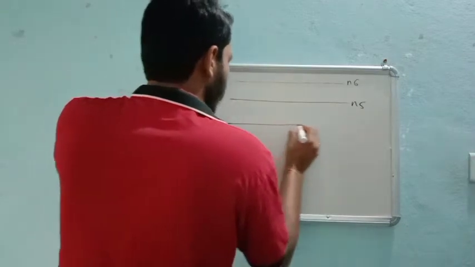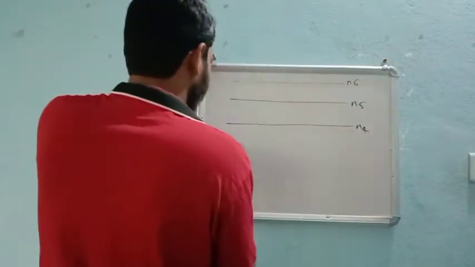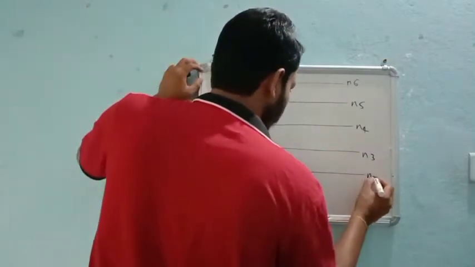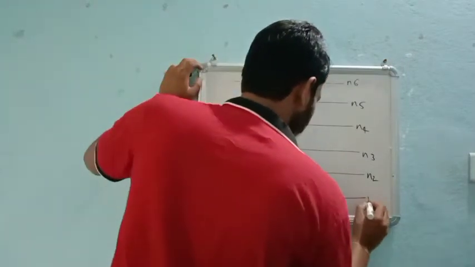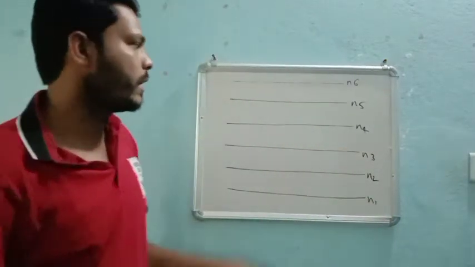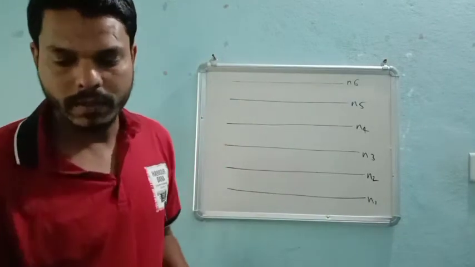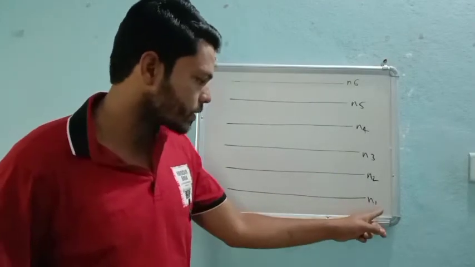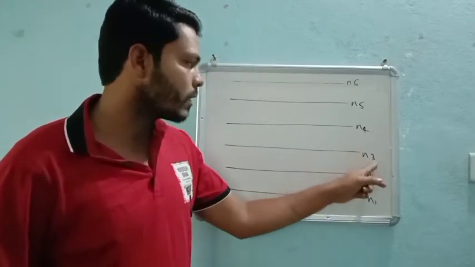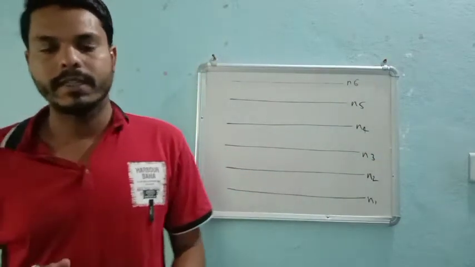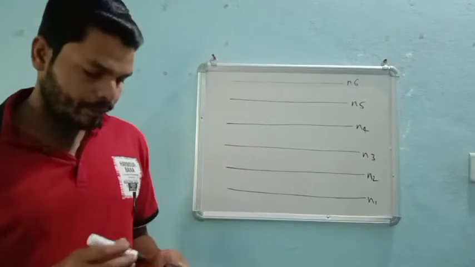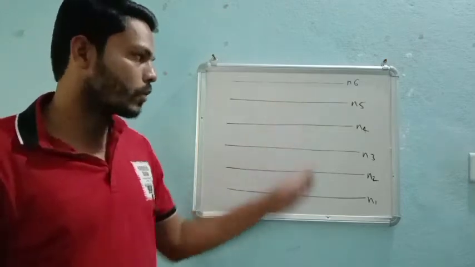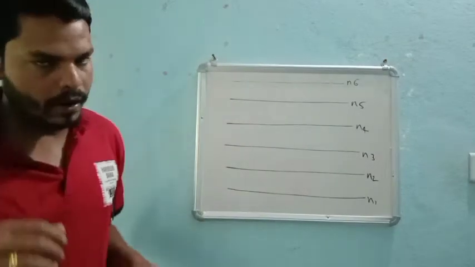N is equal to fourth level, N is equal to third level, N is equal to second level, finally N is equal to first level. Because we are getting line spectra in hydrogen, these are the different energy levels: first, second, third, fourth, fifth, and sixth. According to them, there are five different series, and I will explain their names also.